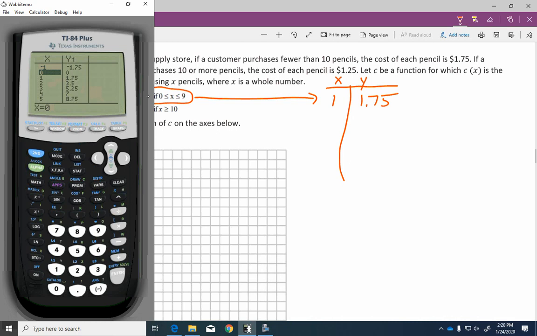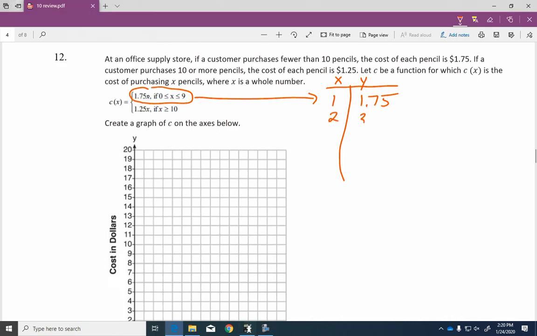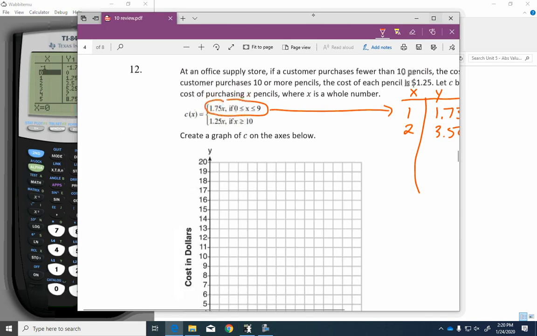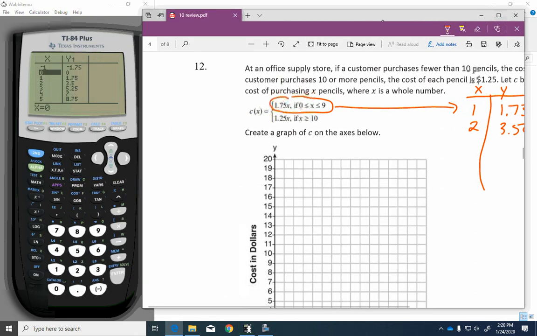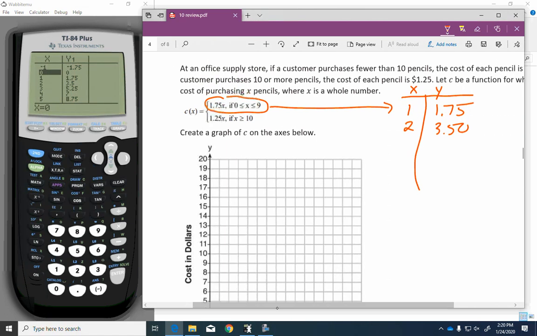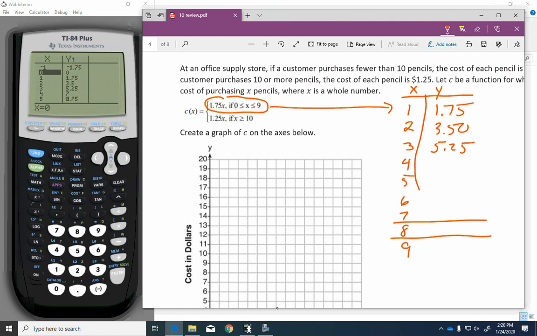So 2 pencils will cost me $3.50. 3 pencils, $5.25. 4, 5. We're only going up to 9 pencils because once you purchase 10 pencils, it's a different rate.